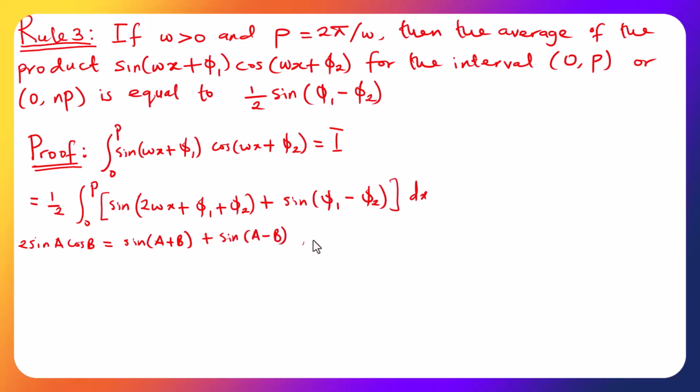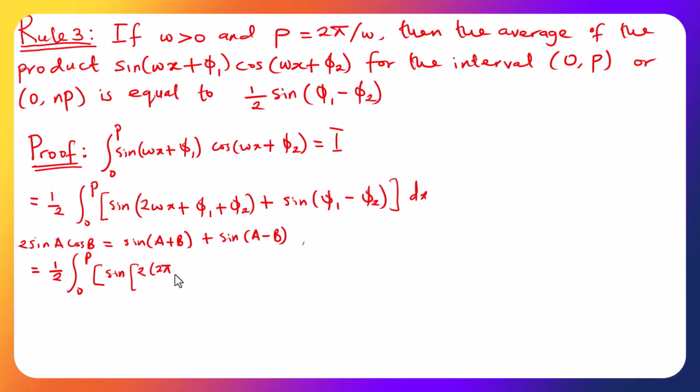So this implies that 2 sine a cos b equals sine of a plus b plus sine of a minus b. So we can also write the expression as equal to 1 over 2 integral from 0 to p of sine of 2 into 2 pi. We know that p equals 2 pi over omega.